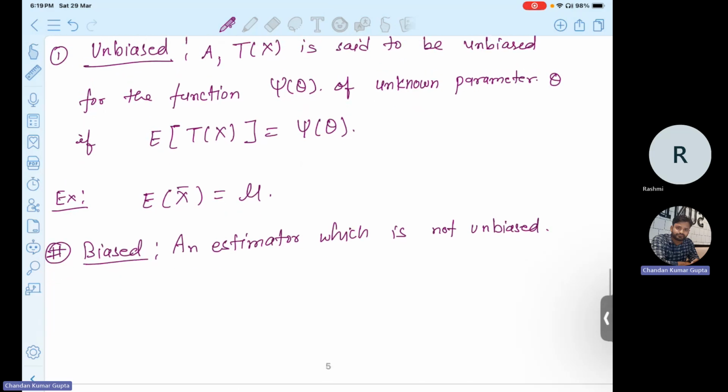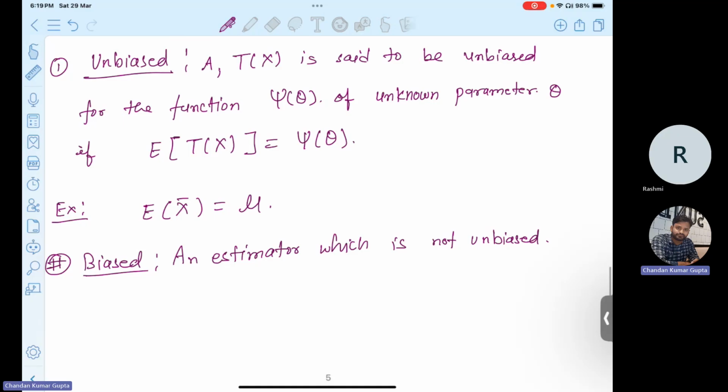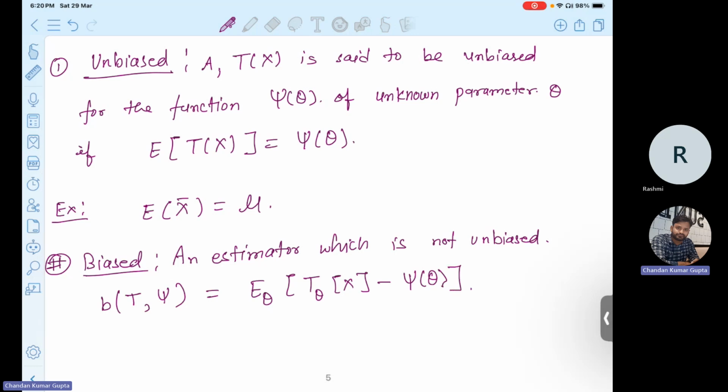Usually this is denoted as B. The estimator we have used is T, and the parameter or functional form is psi. So this is the bias: expected value of T(X) minus psi(theta). That means the difference between the estimated value and the actual value, and we have considered the average of those values, then this is called the bias.